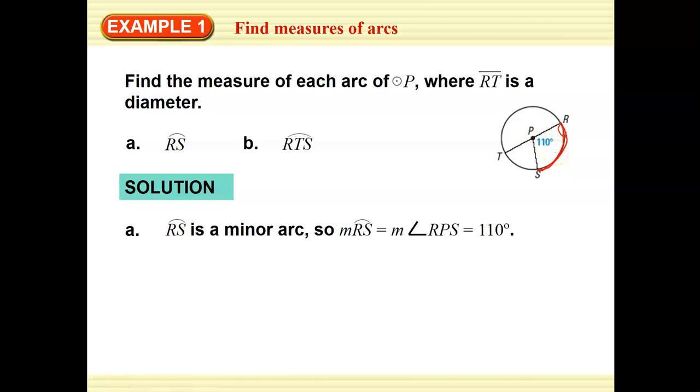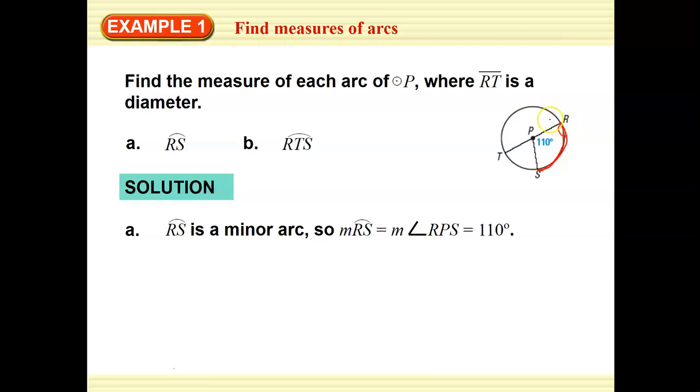Now, the next question asked about arc RTS. Anytime you're naming a major arc, the long way, you have to use three letters. The first and the last letter are your starting and stopping points, and the middle letter tells you where you're going to go.